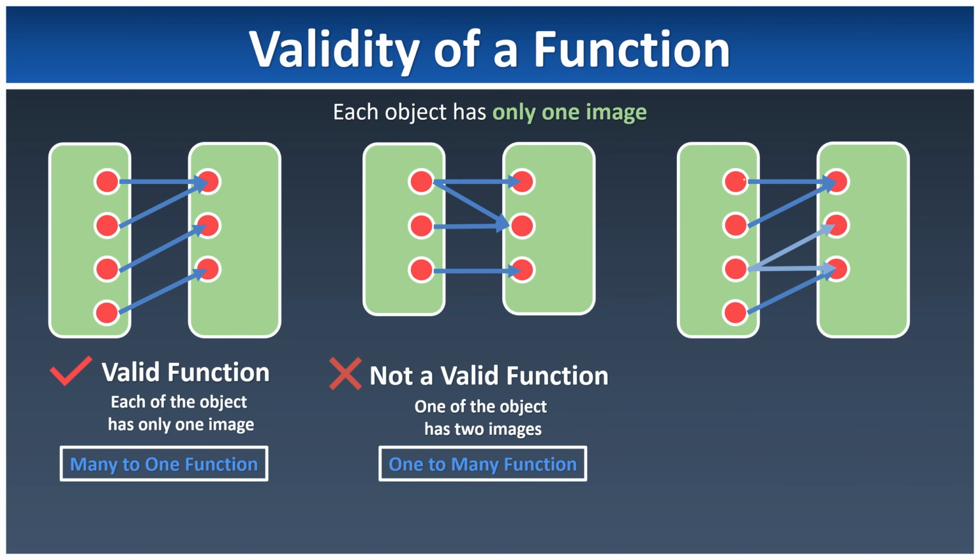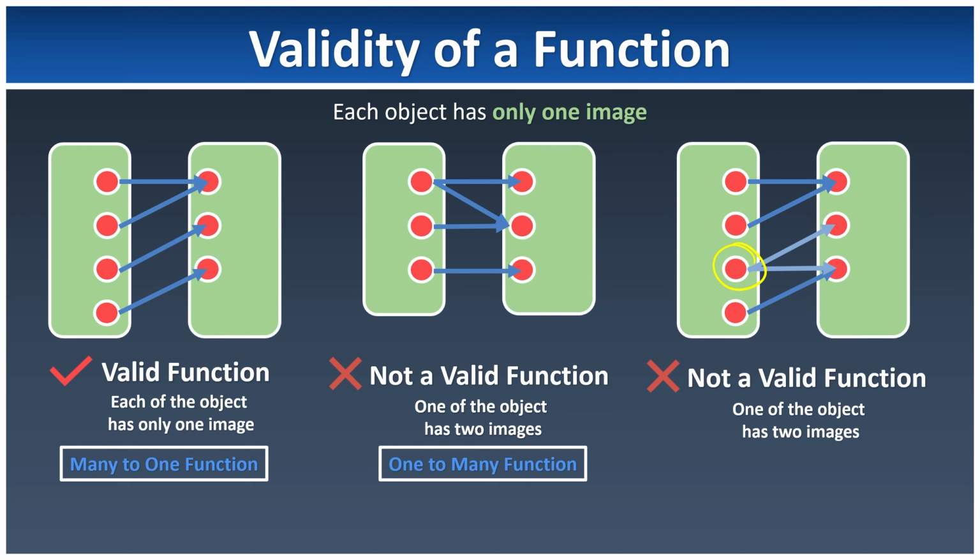And next, we're going to check this one. This one has only one image, good. This one has only one image, good. But this one, you can see, goes to 2 images. So this is not good. This is the problem. So this is not a valid function because one of the objects has 2 images.